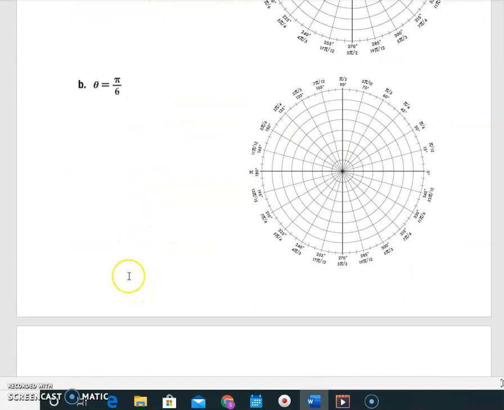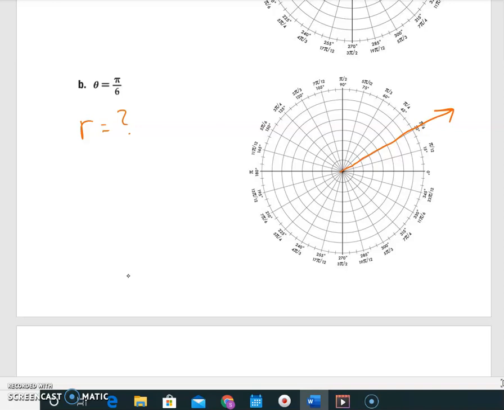For the next one, we have theta, which is our angle, but then we don't know what our radius is. It could be anything. So I'm going to find where my angle is. That's pi over 6, which is right here.